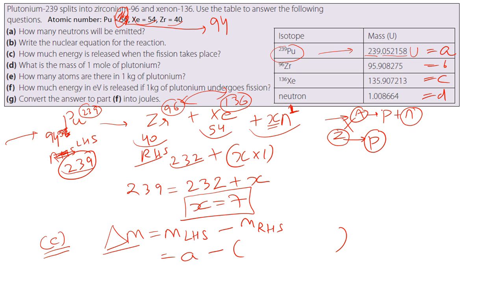So I take 1 zirconium's mass, which is B, then the mass of xenon is C, and there are 7 neutrons, so we will multiply D by 7. If I do this calculation, you will get the mass defect. Did you understand this, Sheldon? Yeah, sir. So now solve for this. Tell me, what is this expression?